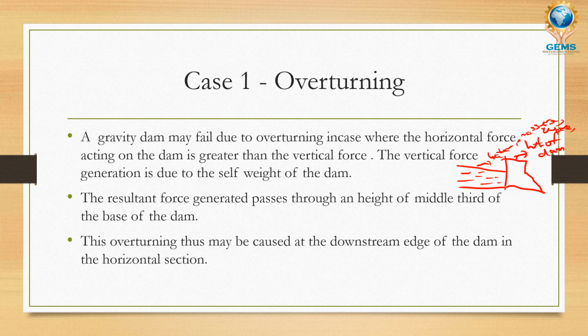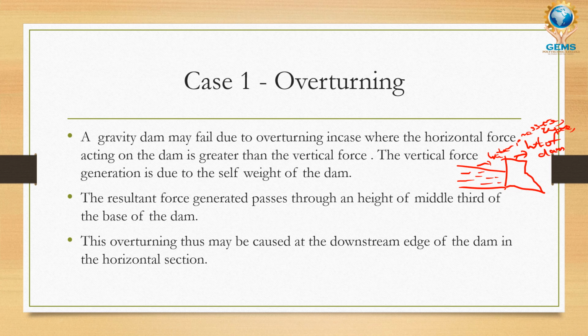When these pressures exceed the vertical force, this causes the loss of dam stability, and it causes overturning and finally failure of the dam.